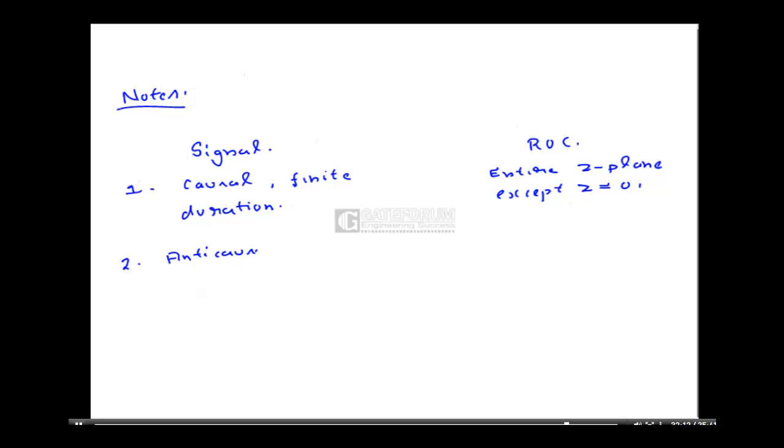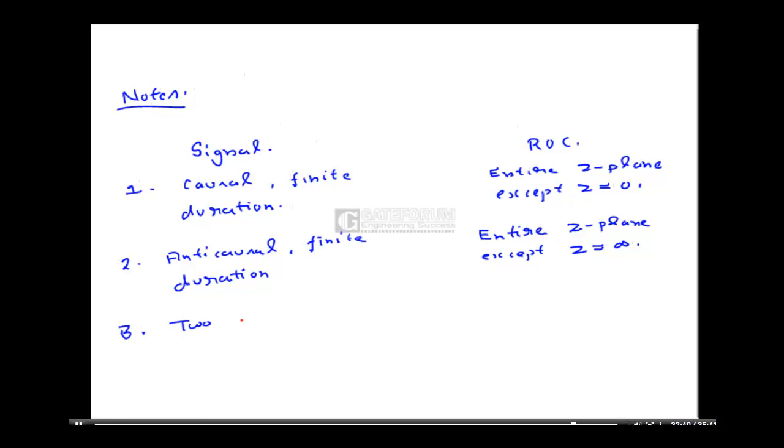Okay, the second will be anti-causal, finite duration. In this case also it is the entire z plane except z equal to infinity. Suppose it is a two-sided signal, that means a combination of causal and anti-causal both, and it is of finite duration.